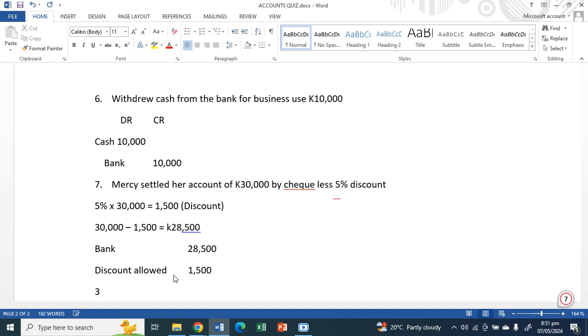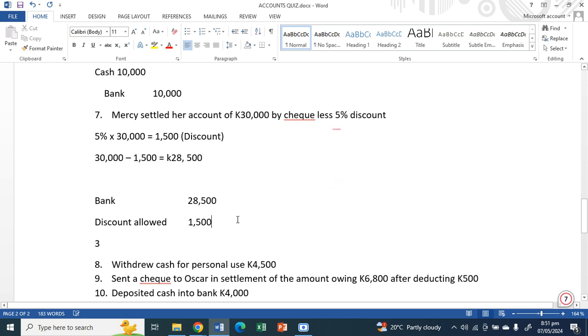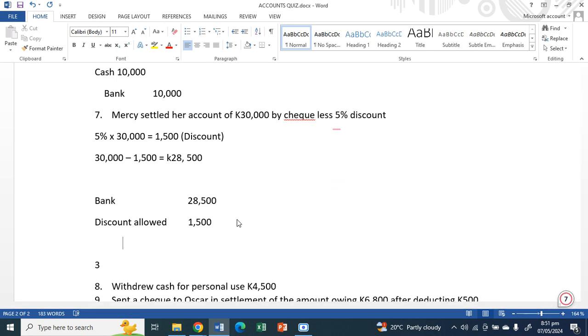So this discount is treated as a loss. And then Mercy is a debtor. A debtor is like an asset. So whenever a debtor pays you, it's like a reduction in an asset. So for a reduction in an asset, you credit. So you credit Mercy 30,000.